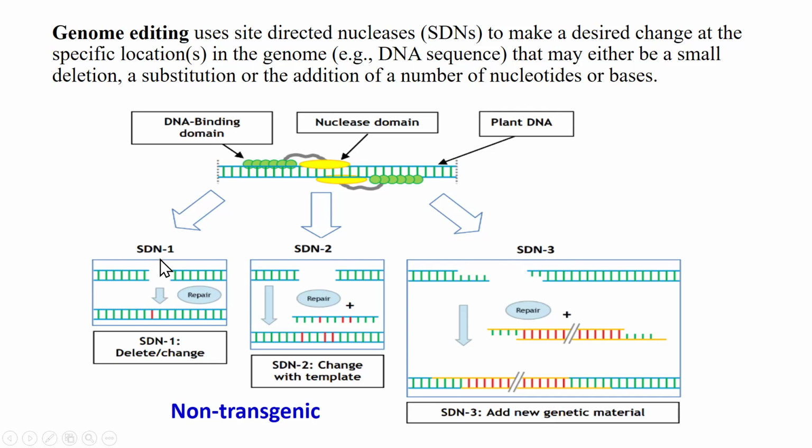The first type is that you cut the double-stranded DNA in a specific location on the desired gene, and then you do nothing. You allow it to rejoin, because DNA has an inherent mechanism of repairing. If by any means DNA has an injury, here a double-stranded break, the two parts immediately tend to join together.